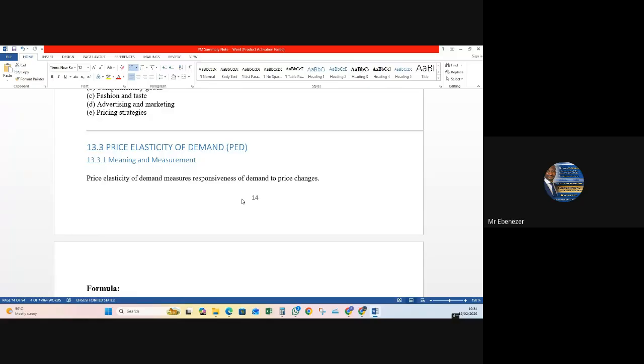If you increase your price by 5% and only 2% reacted to it, then that means it is inelastic. If you reduce it by 5% and 5% of customers also responded to it, then that is unit elastic. Are we together, please?